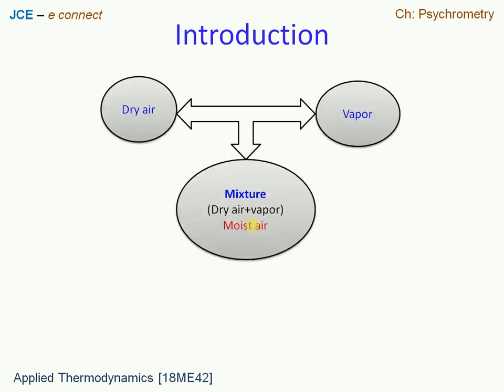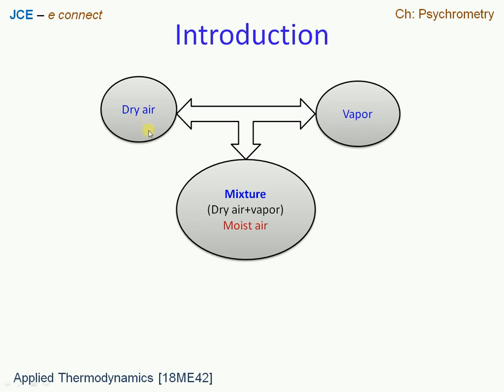So we have here an illustration that in the atmosphere we have atmospheric air. If it is not having any moisture, then we call it dry air, and on the other end we have some presence of moisture or vapor, and the contribution of vapor into the dry air depends on the climatic conditions.